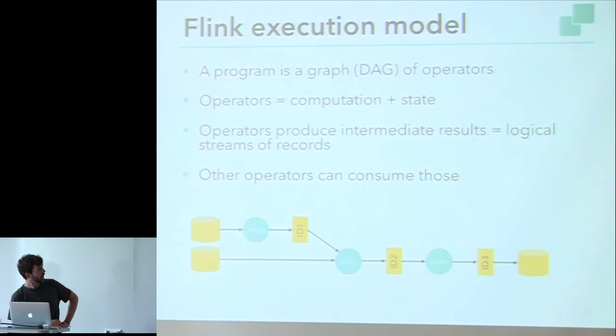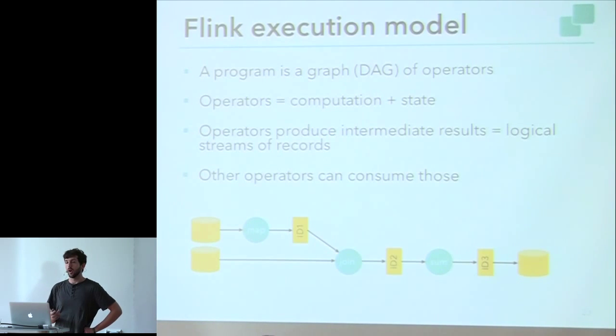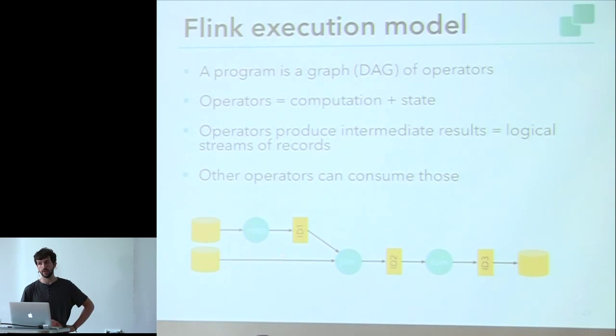And what happens after we generate the execution graph at the job manager is that we have a source here, an operation, and after that operation we always end up with an intermediate data set, which is really just a logical way to represent the result of a computation.